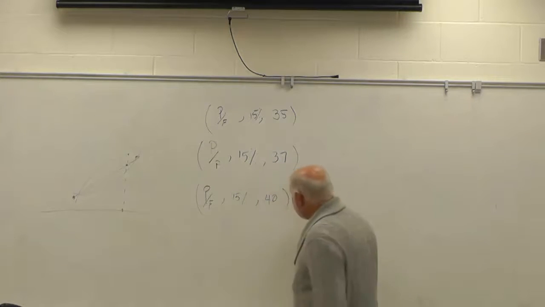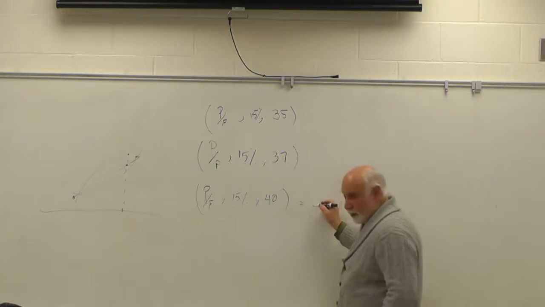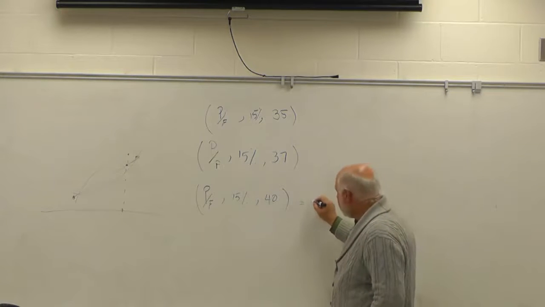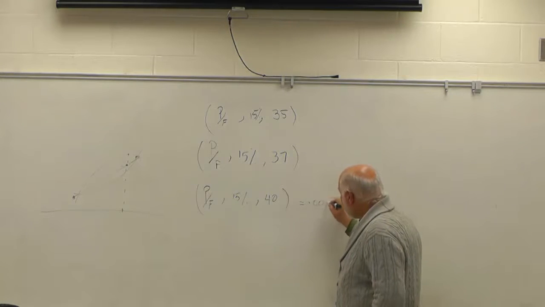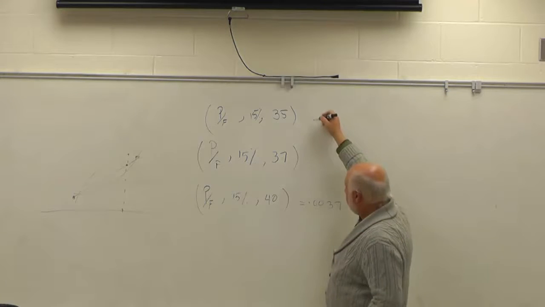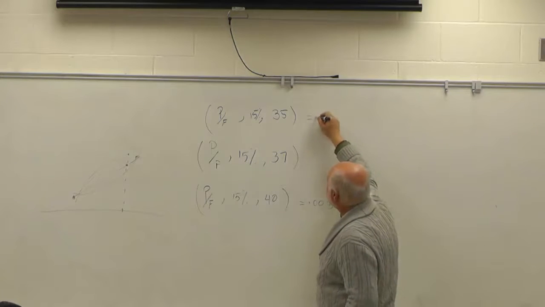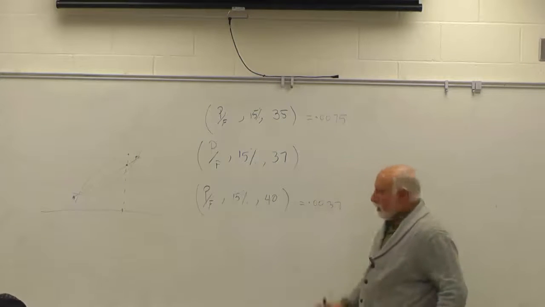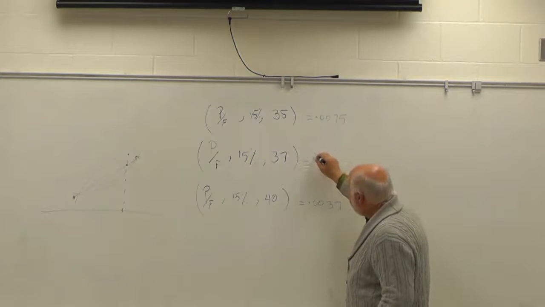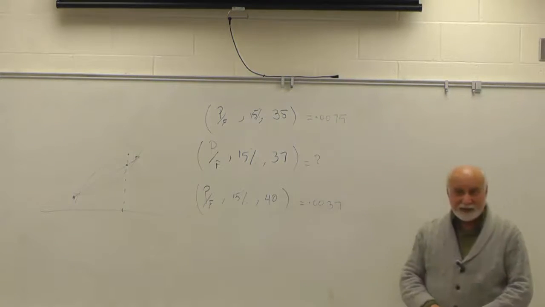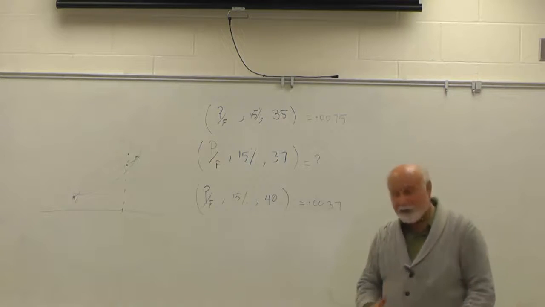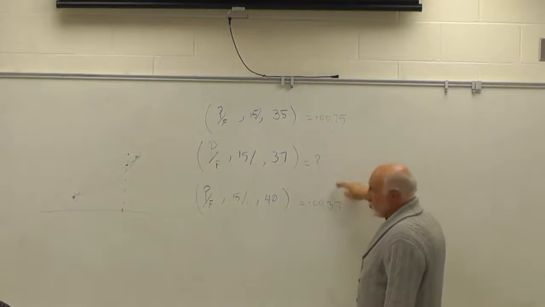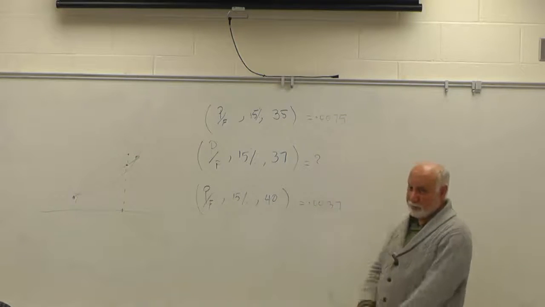Can you tell me what those numbers are? For 40 it's 0.0037, and for 35 it's 0.0075. So this number, whatever it is, is between these two numbers.